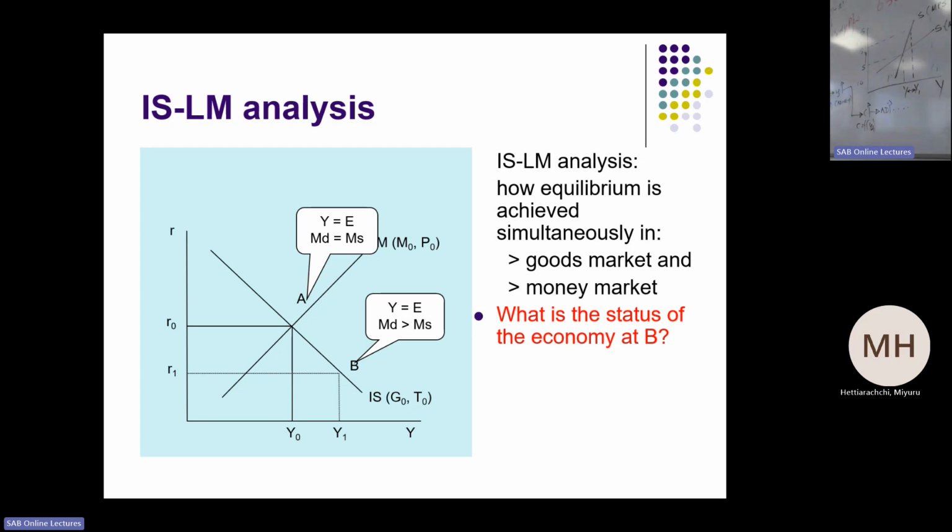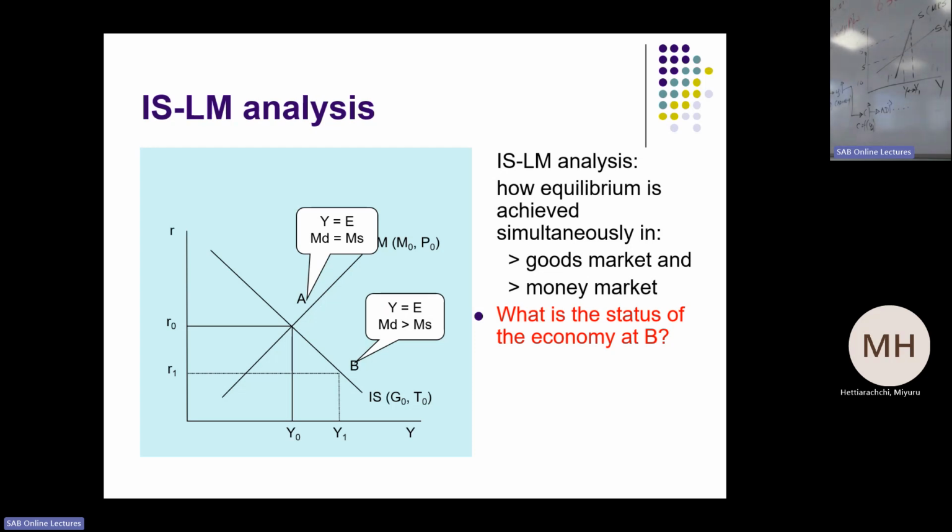But any point below the LM curve, and this point B is below the LM curve, there is excess money demand over the money supply. We know the money market: money supply, money demand, right? So any point below the LM curve has excess money demand. So that is not the equilibrium in the money market.